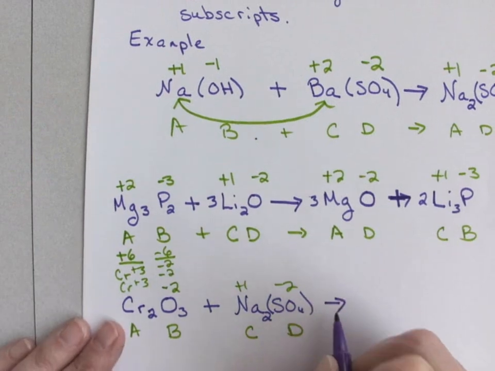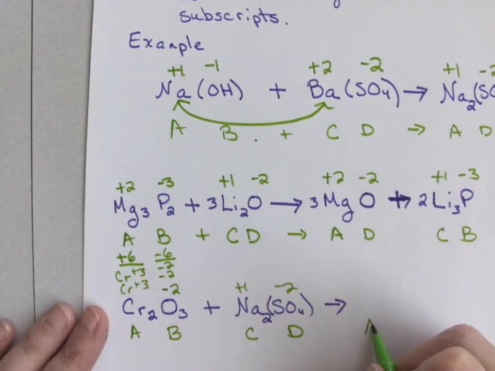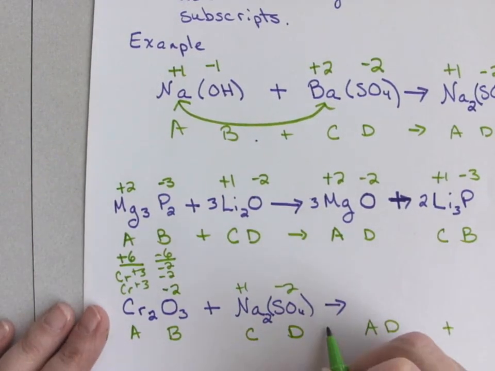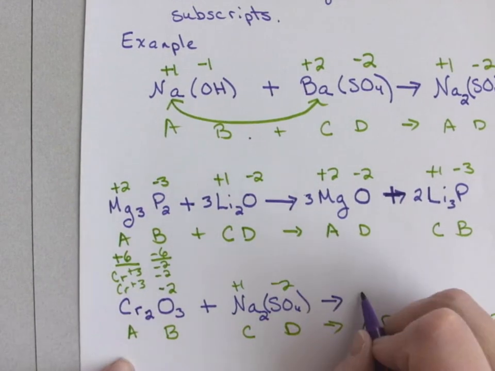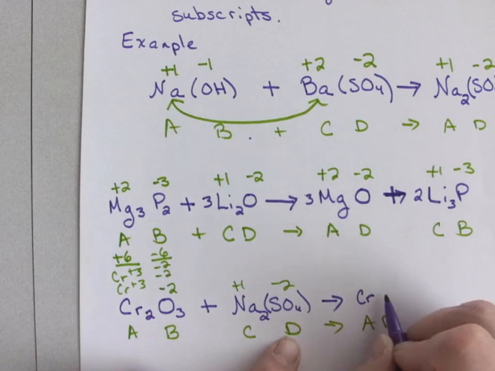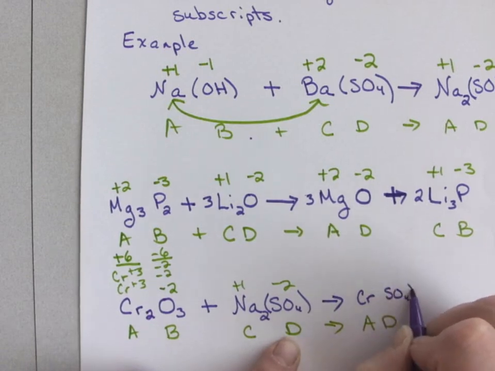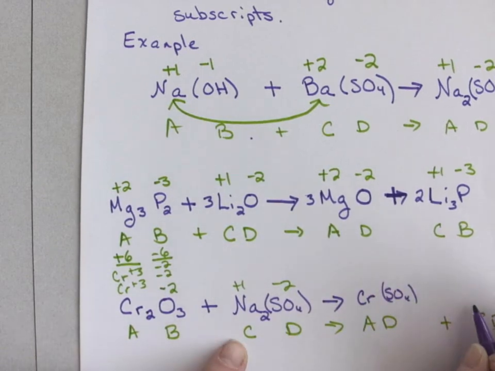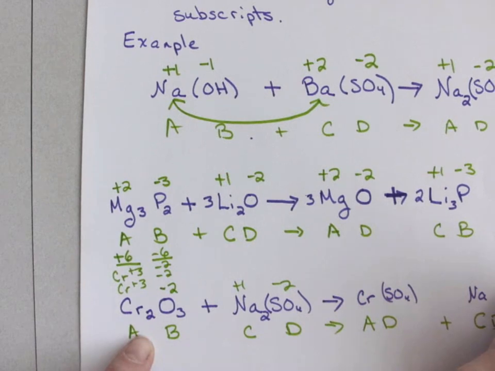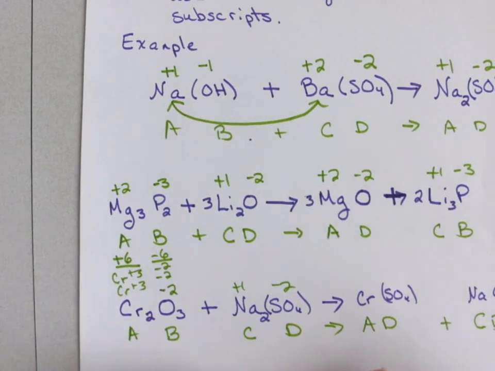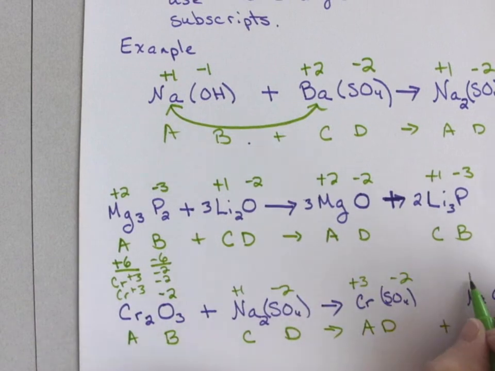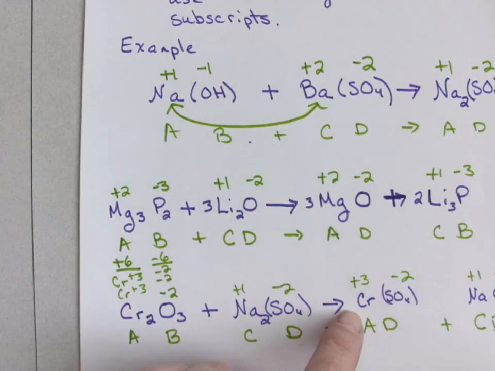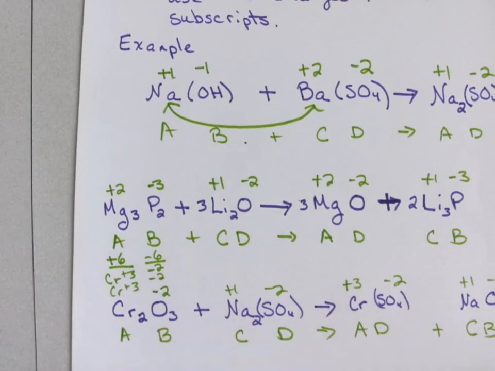So let's go ahead and rearrange. We're going to put A together with D, and we're going to put C together with B. So A is chromium, D is sulfate, C is sodium, and B is oxygen. Then I'm going to write the charges above them that we did from the other side. +3 -2, +1 -2.